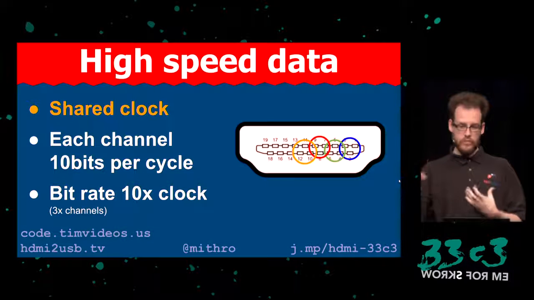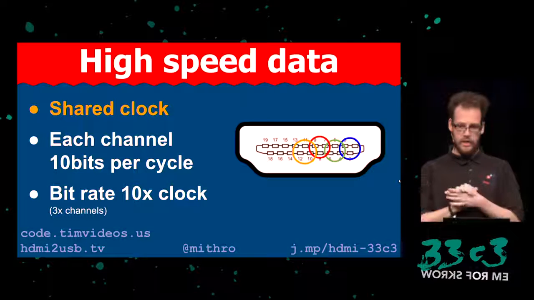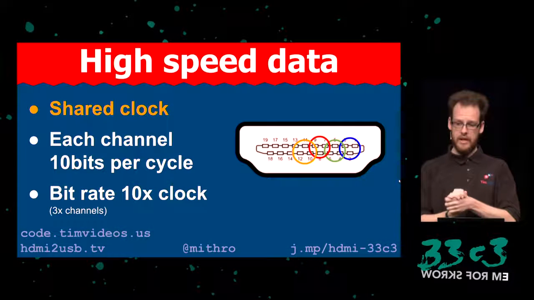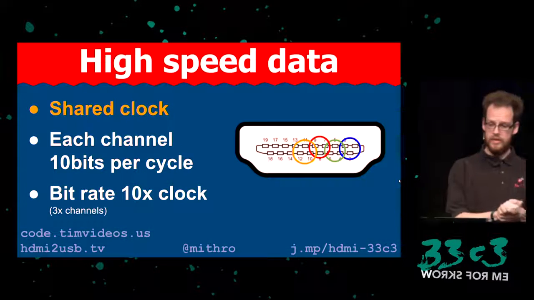But each of these channels is a serial channel. It transmits data at 10 bits. Every clock cycle, there are 10 bits of data transmitted on each of these channels. So there's a shared clock, and each of the channels is running at effectively 10 times that shared clock.